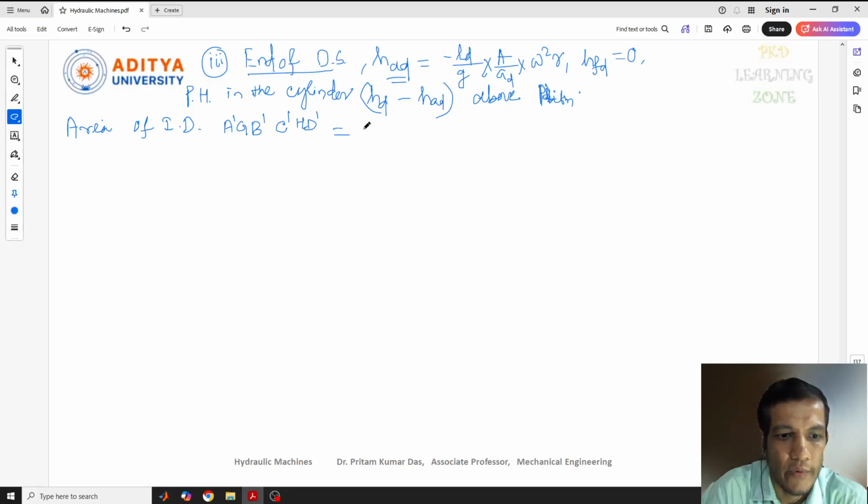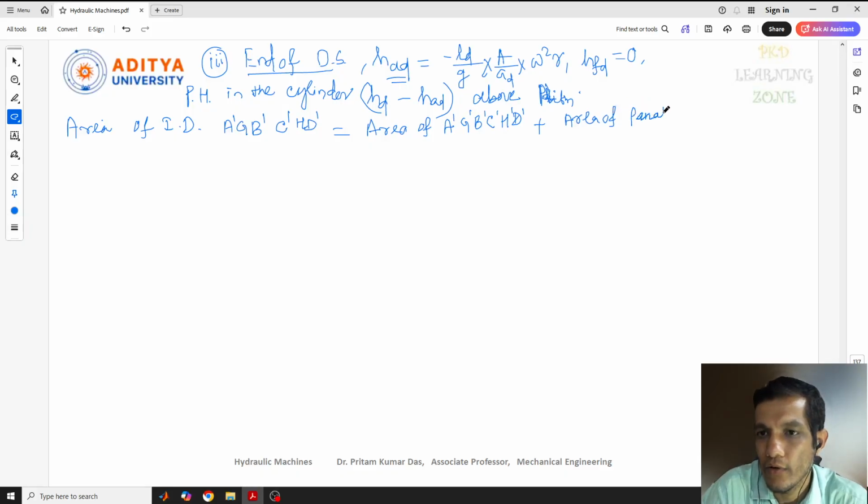This one we can write as the area of A dash, G dash, B dash, along with C dash, H dash, and D dash, plus the area of the parabola which is created, that is A dash, B, G dash, plus again the area of the parabola in the delivery stroke.